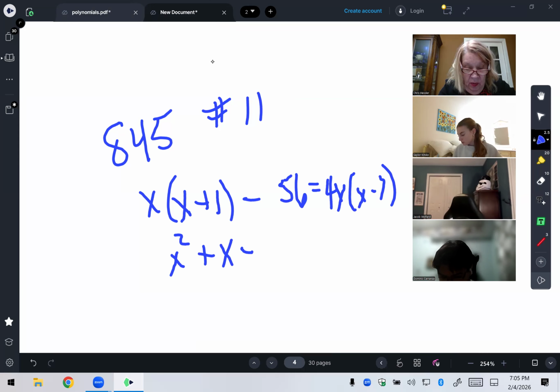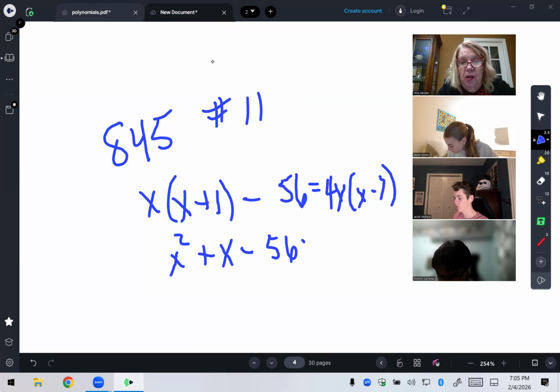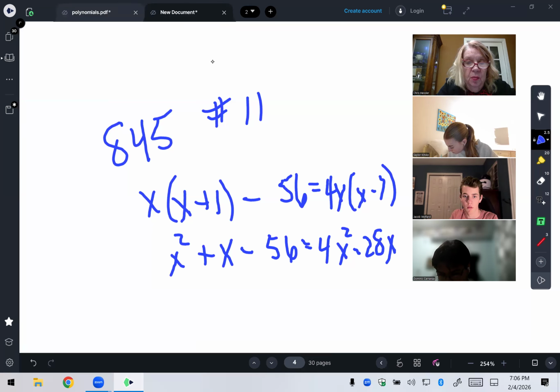So obviously we have to put it into standard form. That's all I'm doing here. So I'm going to subtract an x squared.